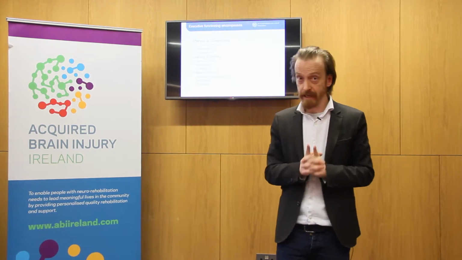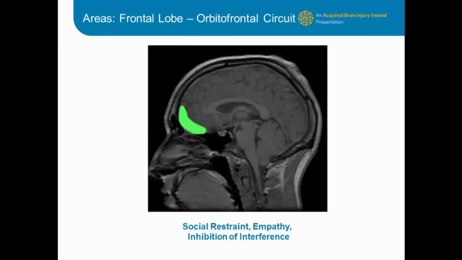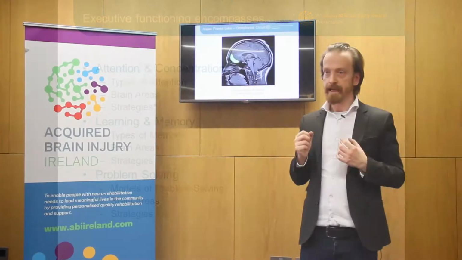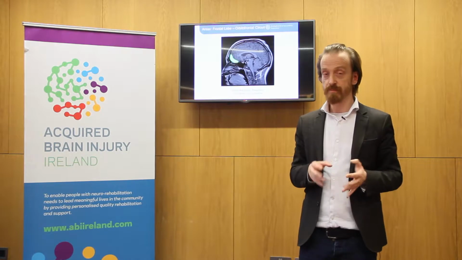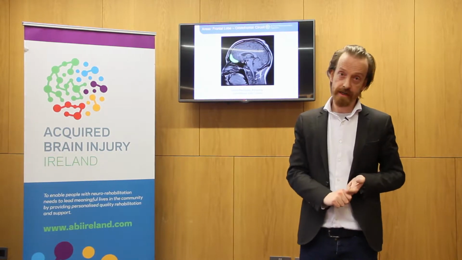In terms of the brain areas for attention, the main one, which is on the next slide, is the orbitofrontal circuit. It's a part of your frontal lobe that's behind your eyes, and it's called orbitofrontal because it's the frontal lobe behind the orbits of your eyes. So it's that part of your brain back in there. It's involved in attention and concentration, but also things like social restraint, empathy and inhibition of interference.